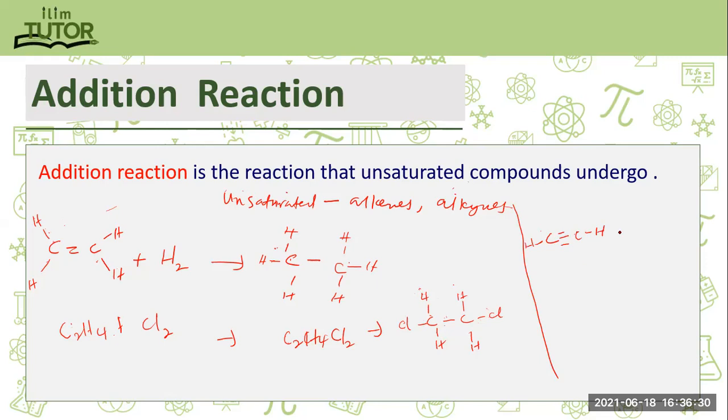So if I add just hydrogen to this, I will form an alkene with just a double bond. If I now add another hydrogen, then it becomes saturated. I will just form only this. So when you have this case, that is addition reaction.